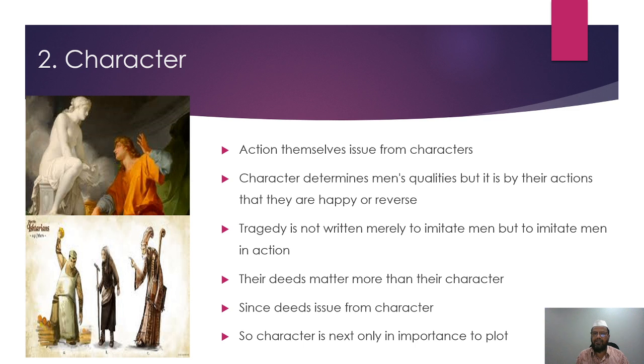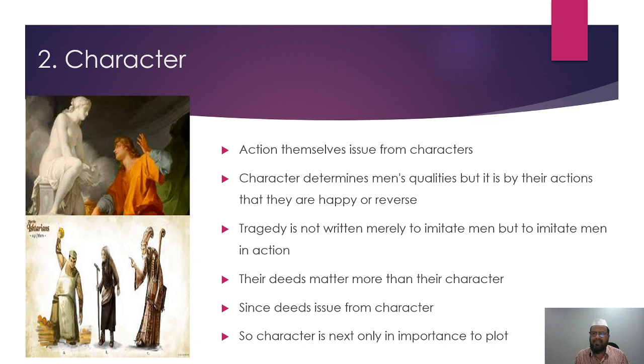Tragedy is not written merely to imitate men, but to imitate men in action. Their deeds matter more than their character. So action is more important than the character, since deeds issue from character. So character is next only in importance to plot.